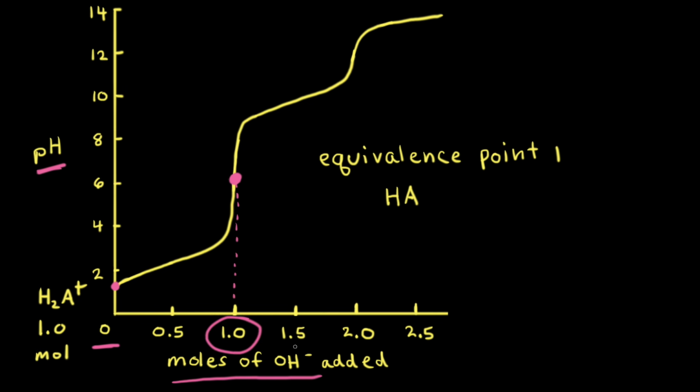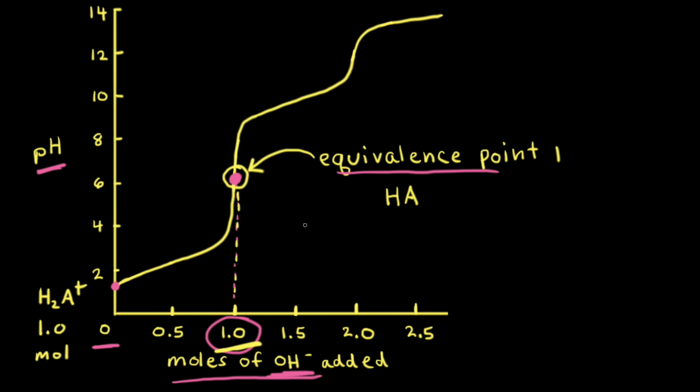So after 1 mole of hydroxide anions has been added, that brings us to equivalence point 1. So we go to 1 mole of hydroxide anions on the x-axis, and we go up to where that intersects our titration curve, and this point on our titration curve is equivalence point 1.